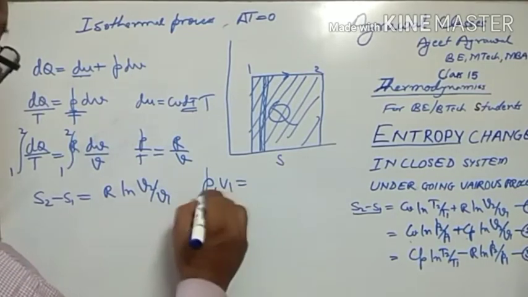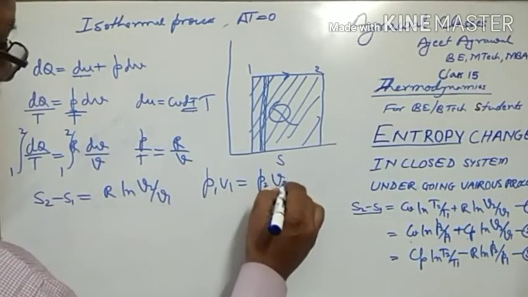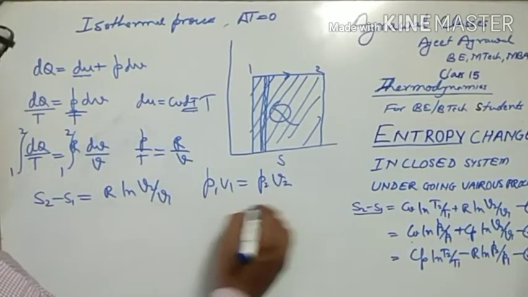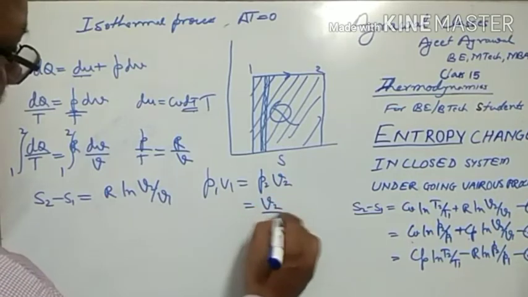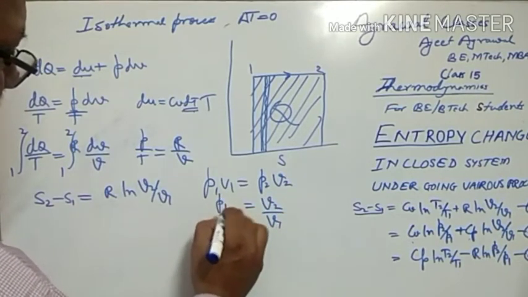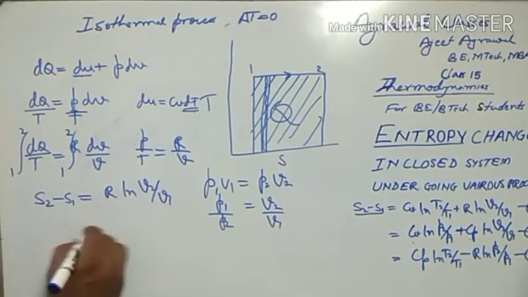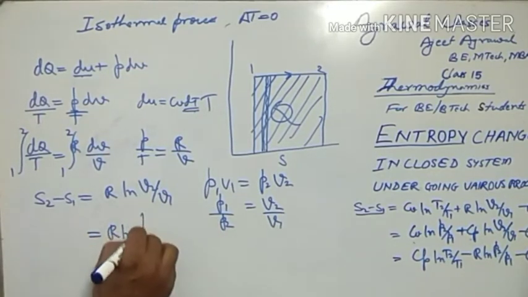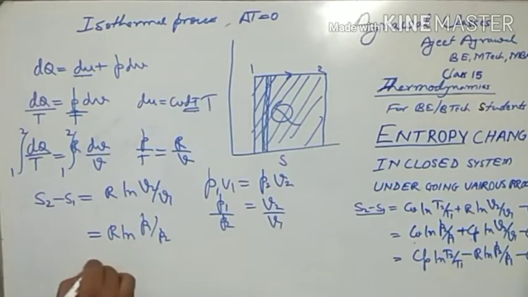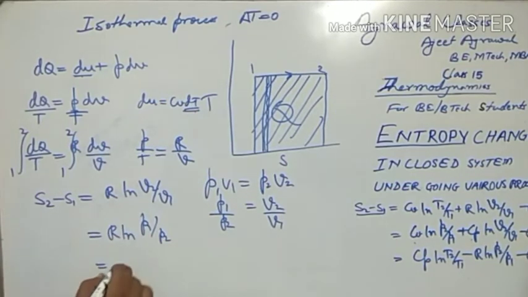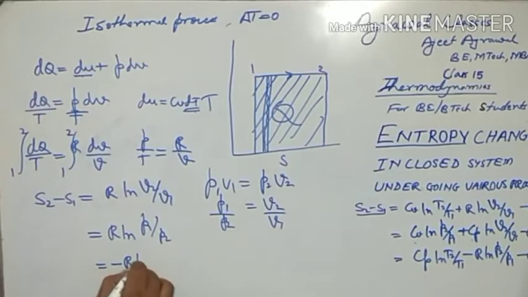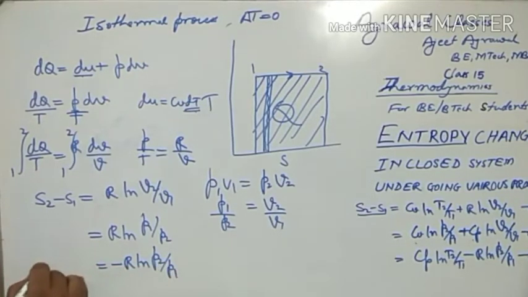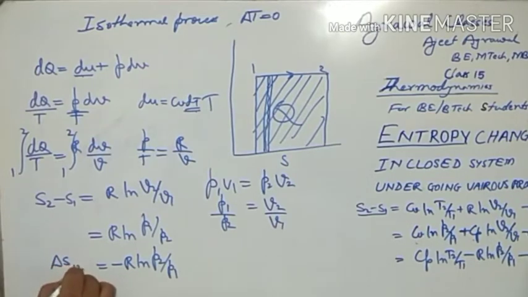P1 V1 by T1 is equal to P2 V2 by T2, and T1 and T2 are the same. So P1 V1 equals P2 V2. From this equation we can write V2 by V1 as P1 by P2. So the change in entropy can be written as R log of P1 by P2, or if you wish to write P2 in the numerator, then it becomes minus R log of P2 by P1. That is the change in entropy during the process 1 to 2.